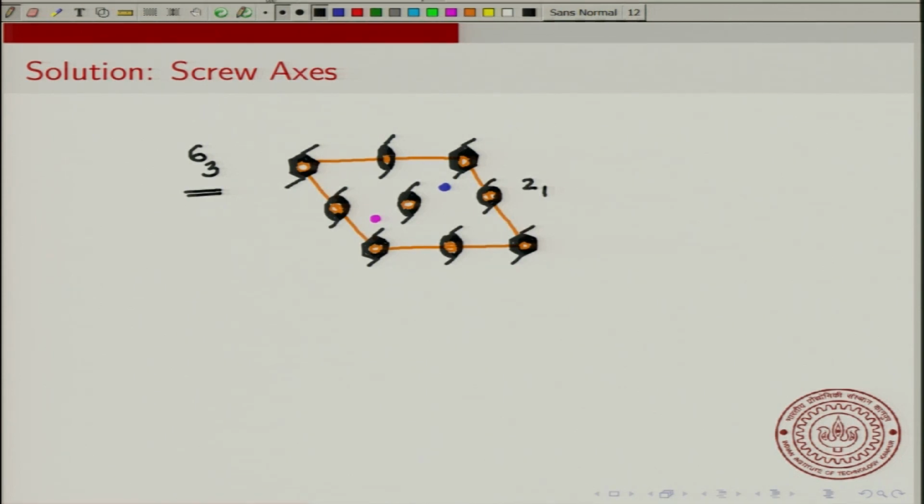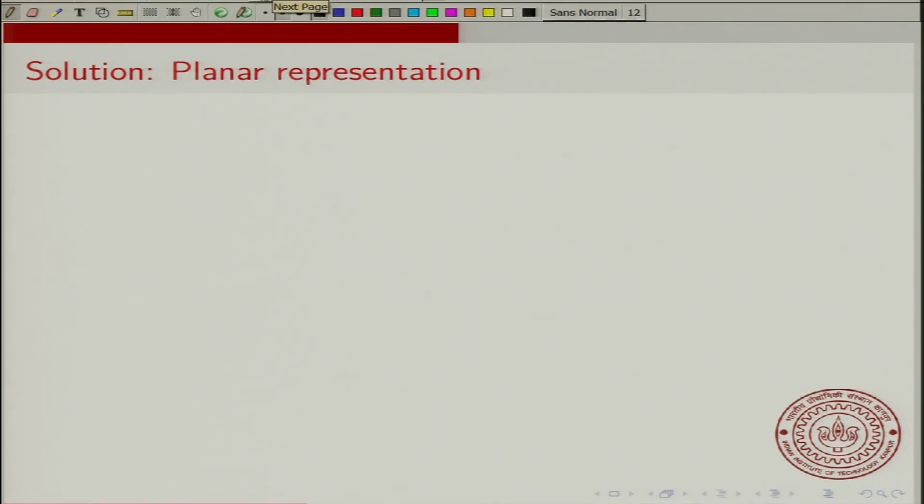Okay. Now, let us put it all together and do a planar representation of the various symmetries of this HCP lattice. We have already seen a lot of the symmetry elements, and we will just put all of it together.